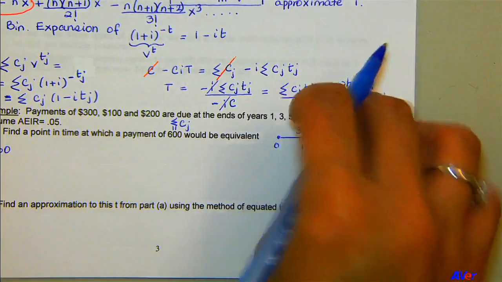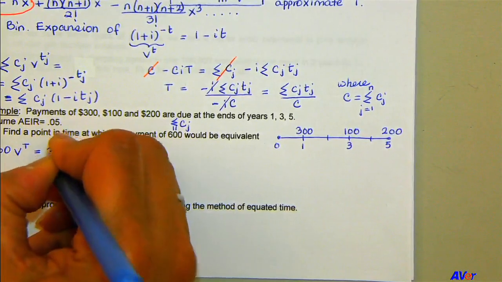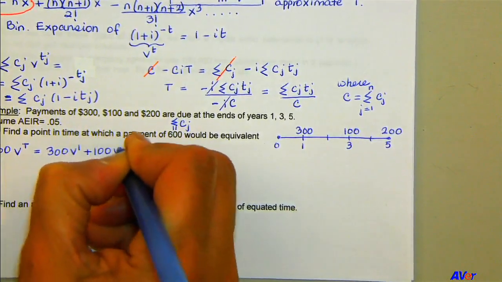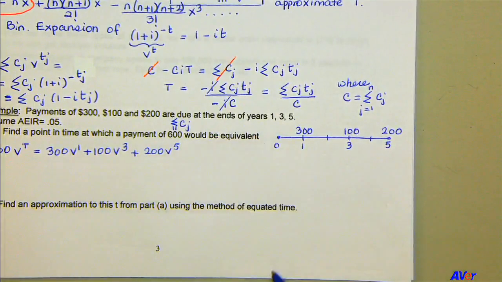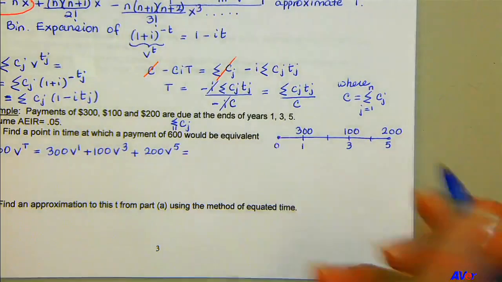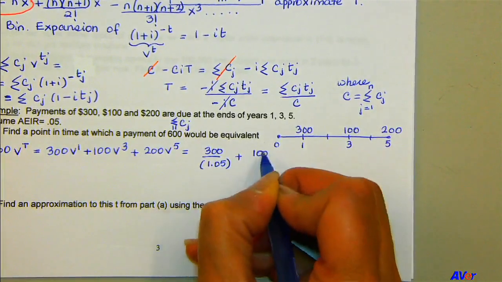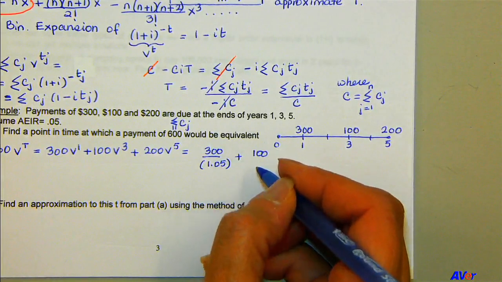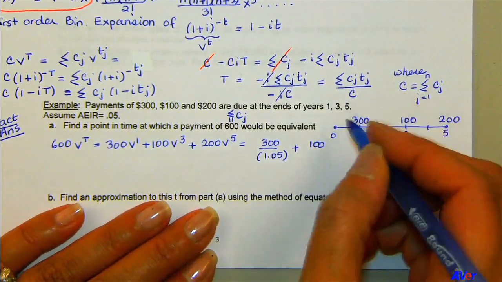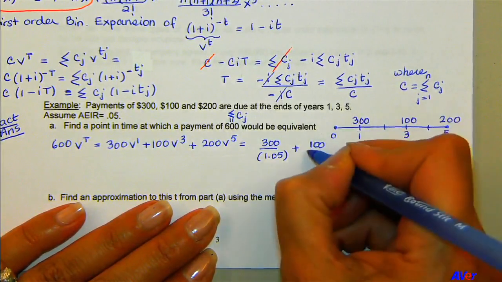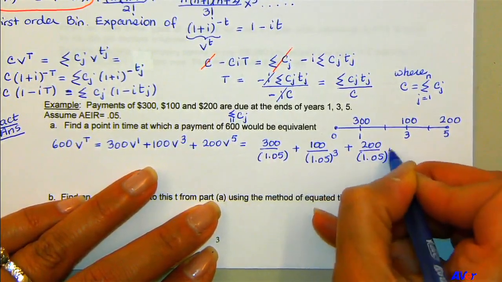So the 600 is somewhere here, but I don't know where, right? v^t is equal to 300 v^1 plus 100 v^3 plus 200 v^5, which is 300 over 1.05 plus 100 over 1.05 cubed plus 200 over 1.05 to the 5th power.